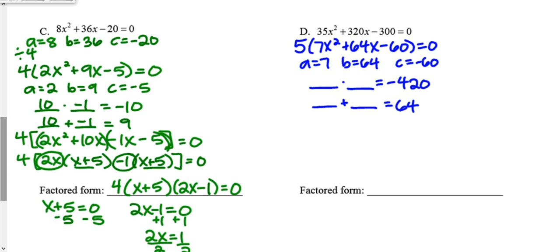Okay, so the two numbers would be 70 and negative 6. They multiply to negative 420, and they also add to 64.